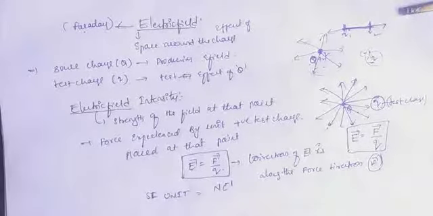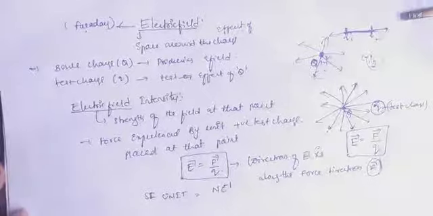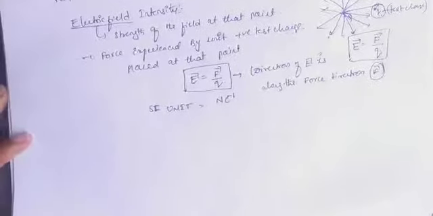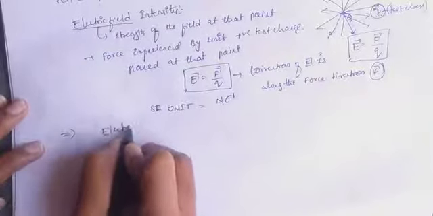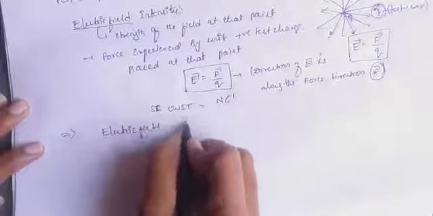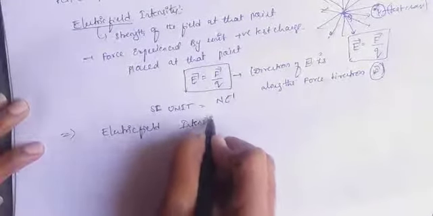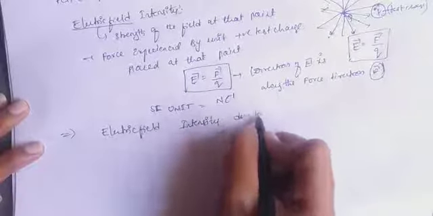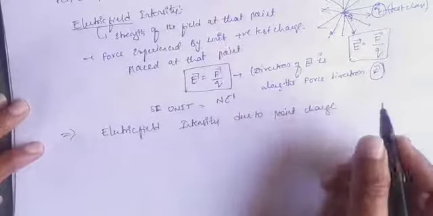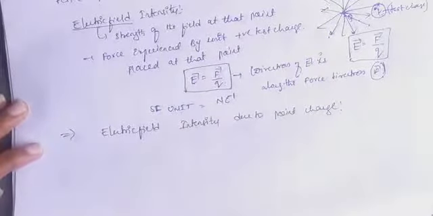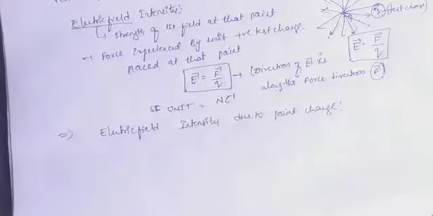Now we have to get the electric field intensity due to a point charge. Here we are considering only point charges.